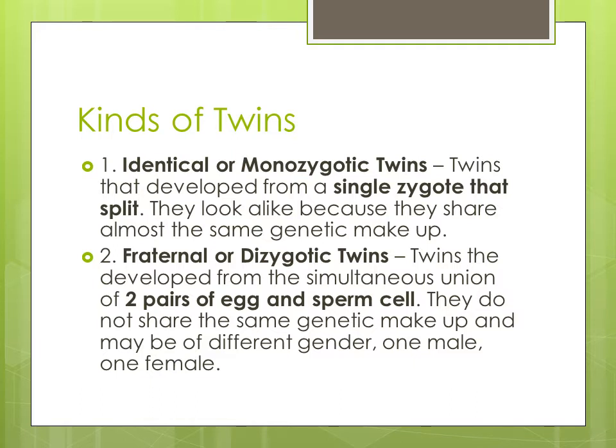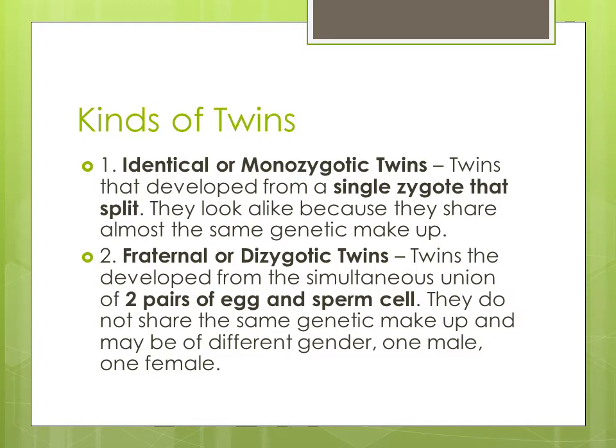Now let's have the second one. The second one is the fraternal or dizygotic twins. These are twins that developed from the simultaneous union of two pairs of egg and sperm cells. They do not share the same genetic makeup and may be of different gender, one male and one female.